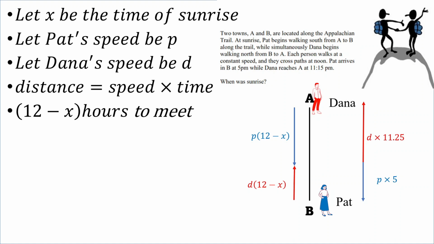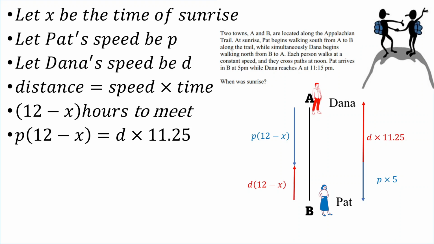Now, since the distances are the same in terms of what Dana traveled after noon and what Pat traveled before noon, we can equate some of these expressions. So we'll have that P times 12 minus X will be equal to D times 11.25.